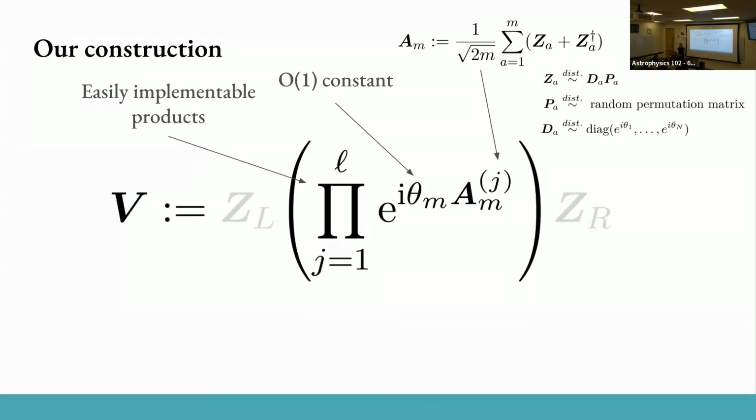Somehow, you have two objects, and the spectrum of each of them doesn't matter too much. Actually, the thing that buys us this closeness to Haar is the basis of each of these. So the exponentiated Gaussians each have a Haar random basis.